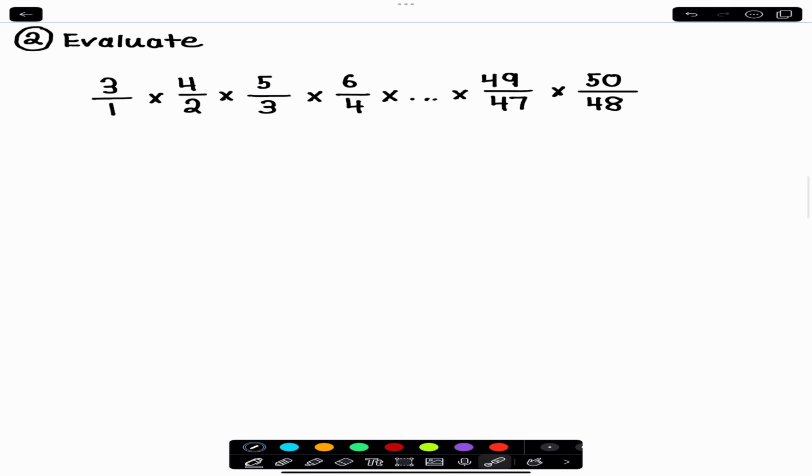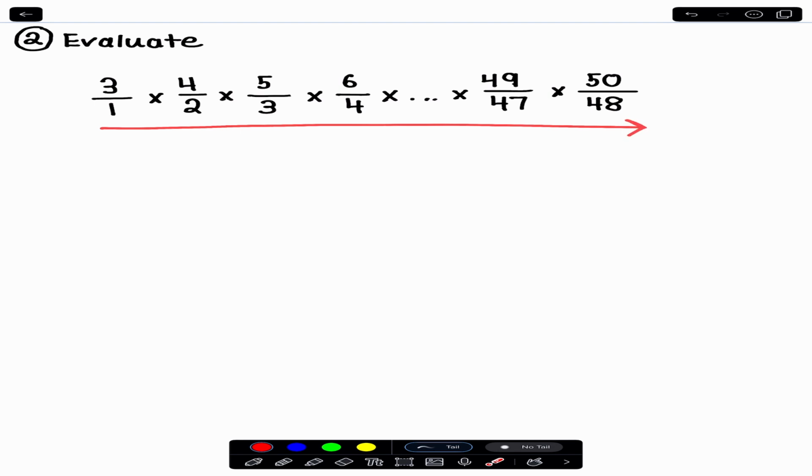But the inefficient way would be, because it's just multiplying fractions, you can multiply every single denominator, so 3 times 4 times 5 times 6, blah, blah, blah, all the way to 49 times 50, and then put that over all the denominators multiplied, so 1 times 2 times 3 times 4, all the way to times 47 times 48.